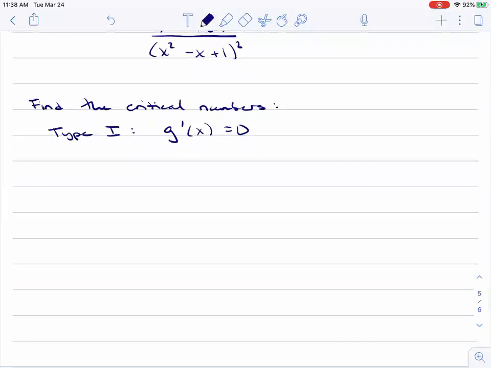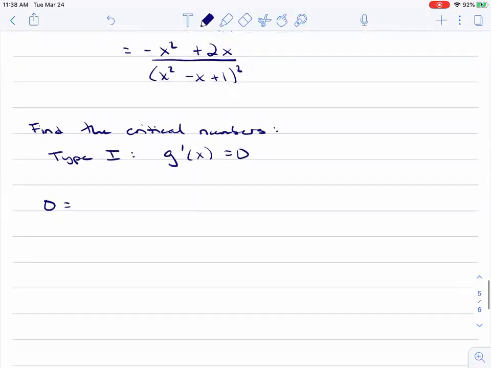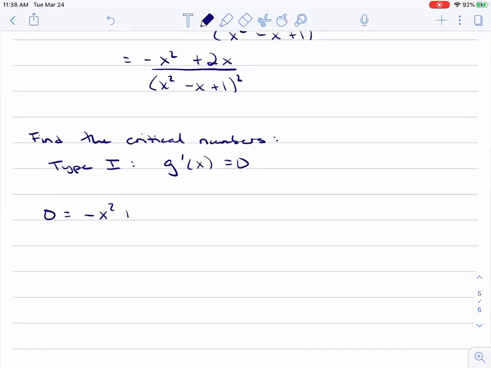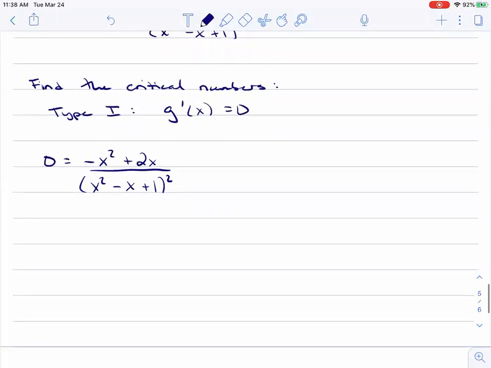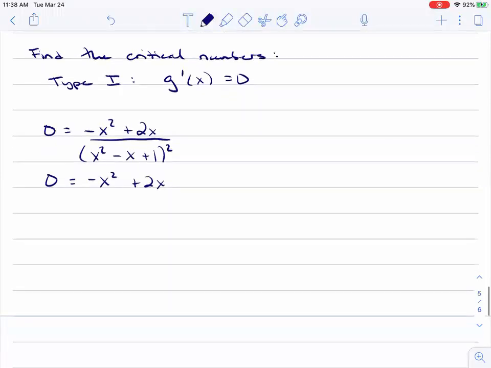Because we can't divide by 0, so it has to fall on the numerator to be 0. So if we've got 0 is negative x squared plus 2x over x squared minus x plus 1 squared, then we know that 0 must be negative x squared plus 2x. I can factor out a negative x, so I get negative x times x minus 2, not plus 2, minus 2.